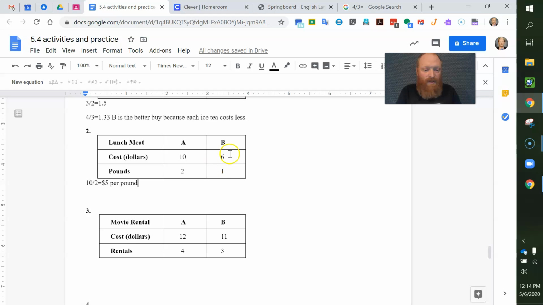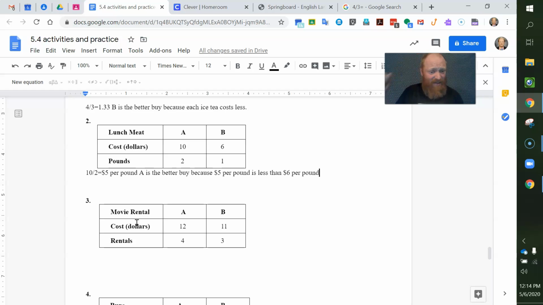And 6 divided by 1 is $6 per pound. So this is less. So A. A is the better buy because $5 per pound is less than $6 per pound.